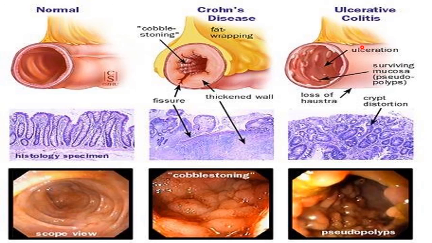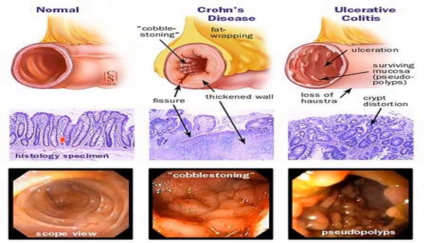At the right side, this is ulcerative colitis, showing ulceration inside, and the surviving mucosa shows pseudopolyps caused by the surviving mucosa. There is loss of haustra, and microscopically there is great crypt distortion.